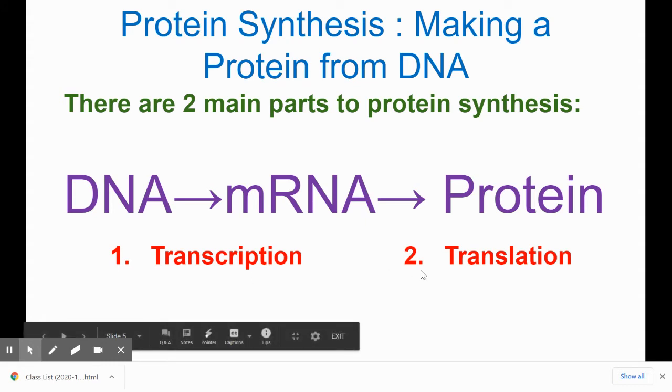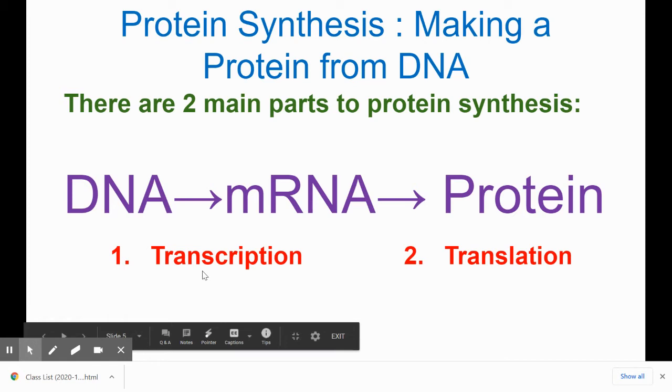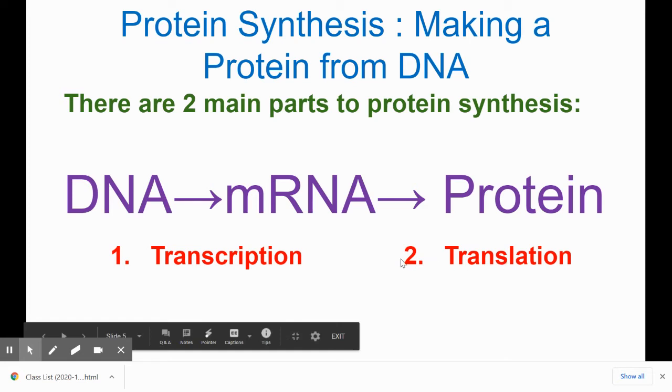Now, a lot of times students will flip-flop these processes because they look alike and sound alike. One year I had a student who came up with a way to remember that transcription happens first. The first 5 letters are the same in transcription and translation.